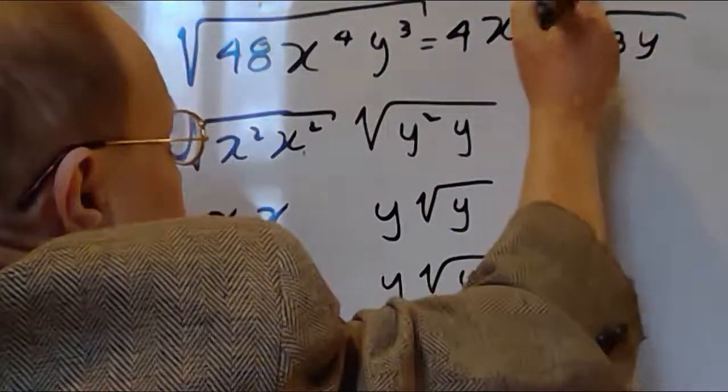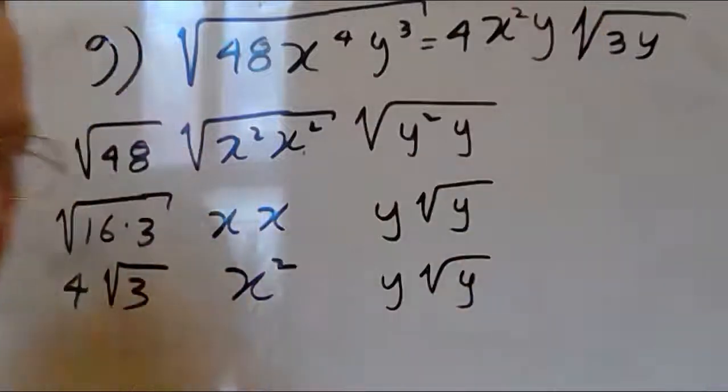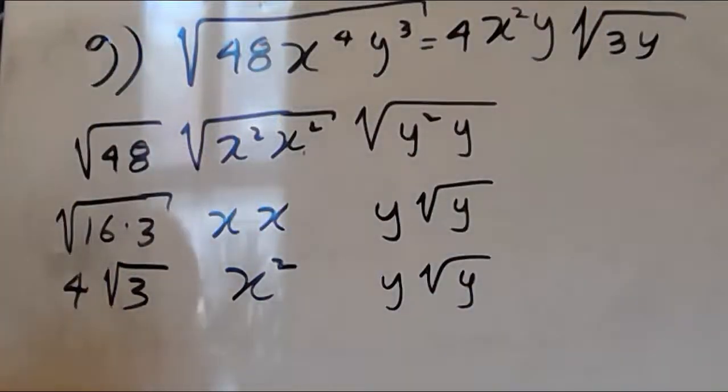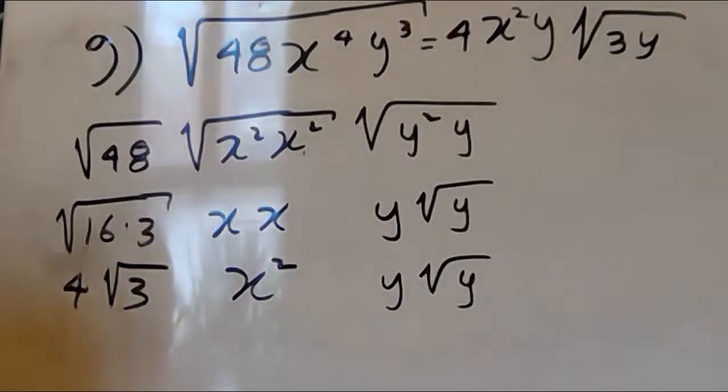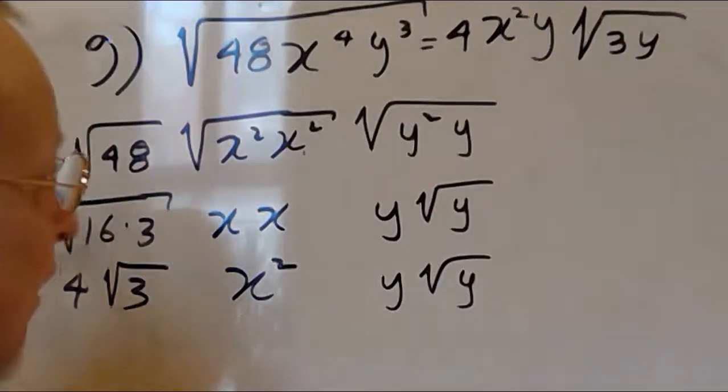Let's get that a little bit closer so it can be seen. Okay, so here you see it, so that means that our final answer would be 4x squared y, square root of 3y.